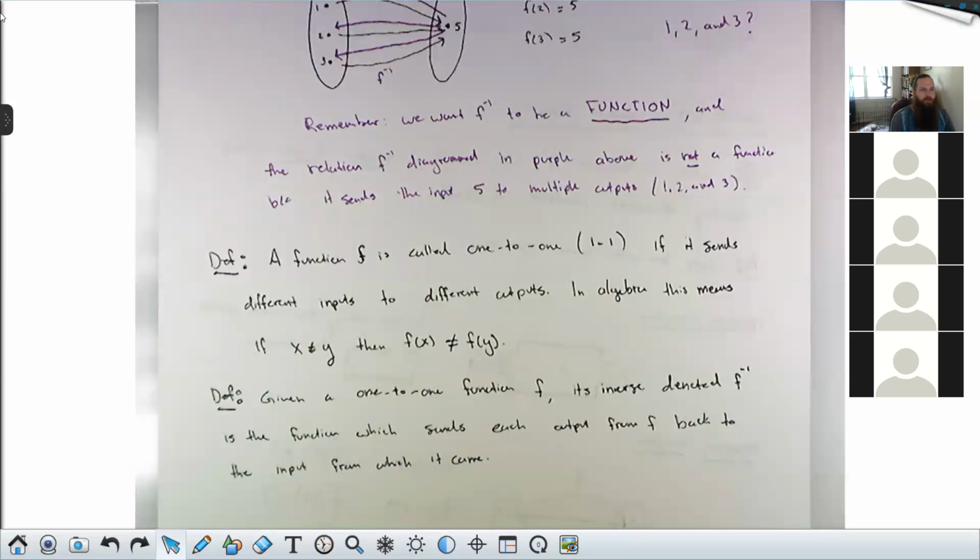How would it be if the right side have more numbers than the left side? Well, again, we got to think of the definition of a function. So a function sends every input to one output, right? Each input needs to go to one output. So when I think of this right side, I'm thinking of this as all the outputs. This is the range.